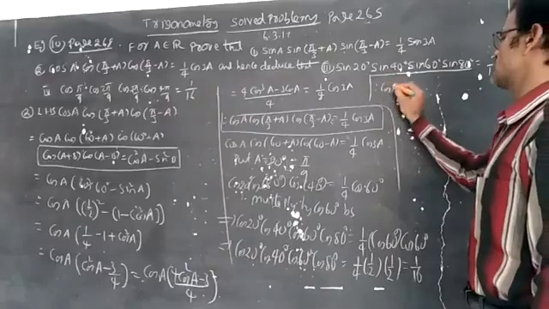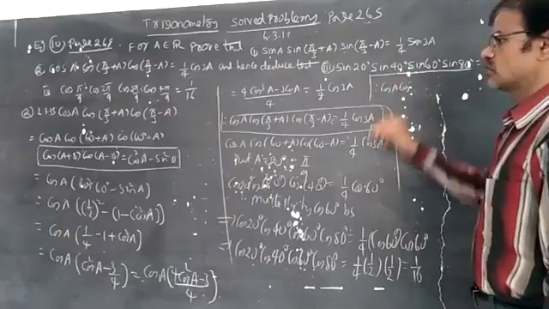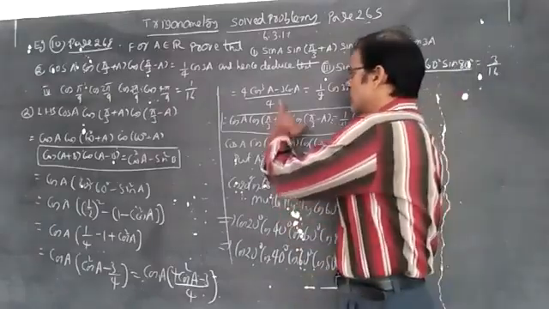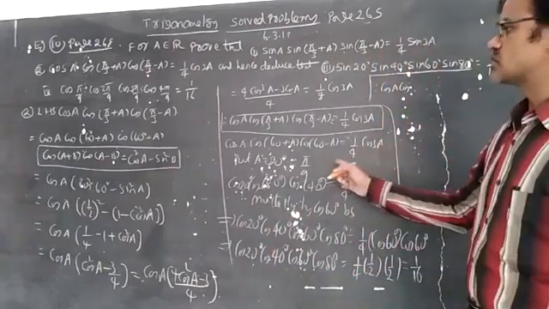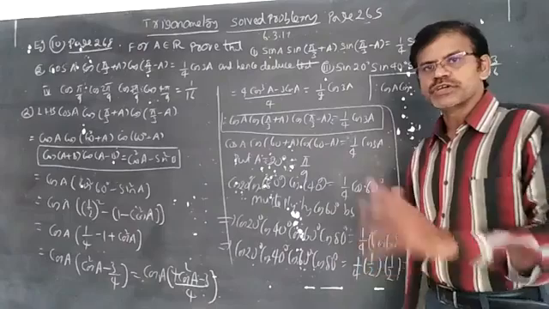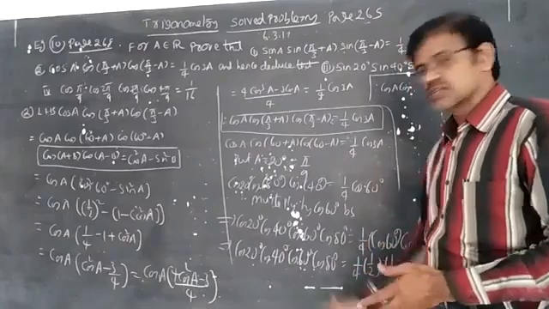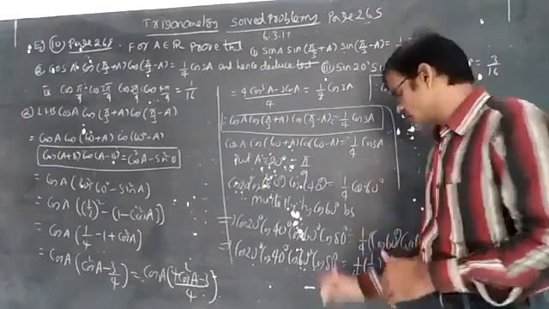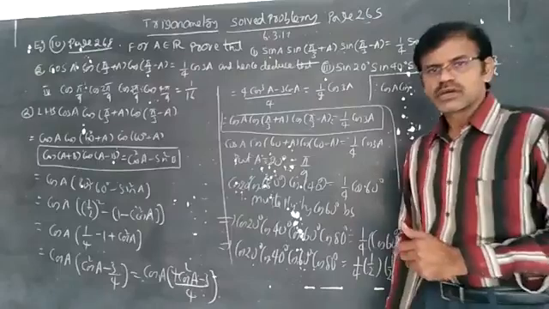Therefore the conclusion: here π/9 itself is 20 degrees. So π/9 is 20, 40 is 2 into 20 so 2π/9, 60 is 3 into 20 so 3π/9, 80 is 4 into 20 so 4π/9.